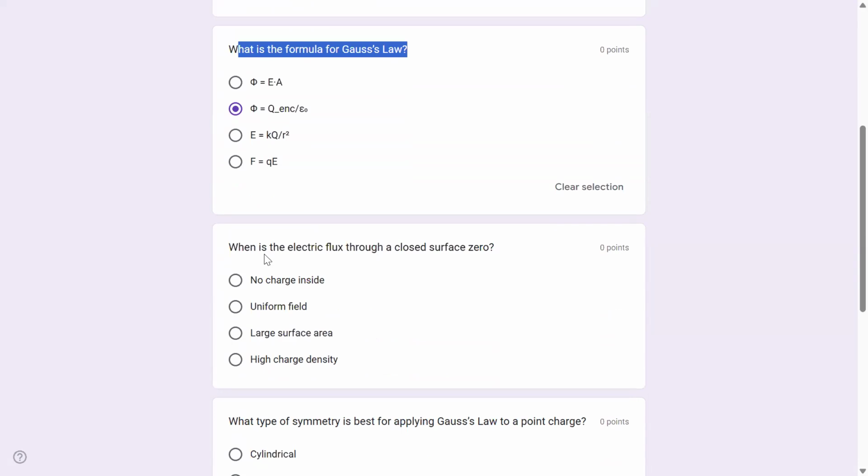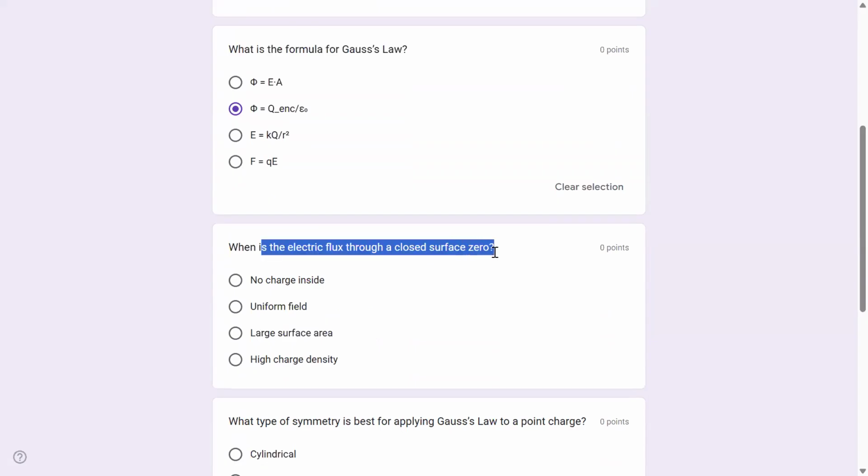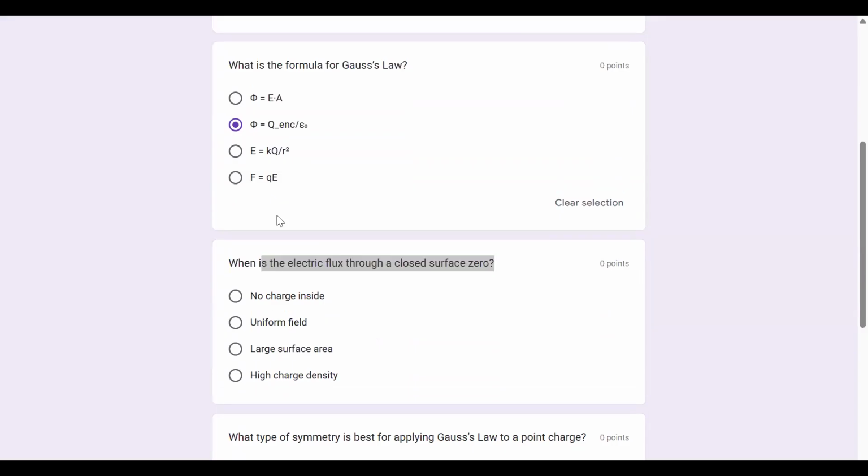And the third question: when is the electric flux through the closed surface zero? Very important question.